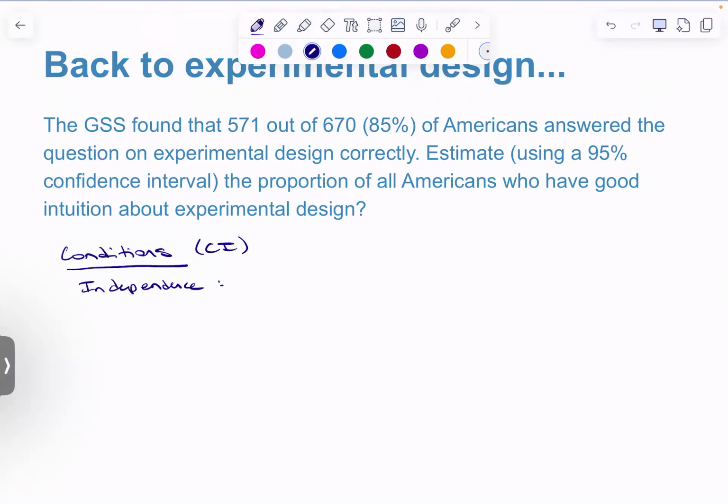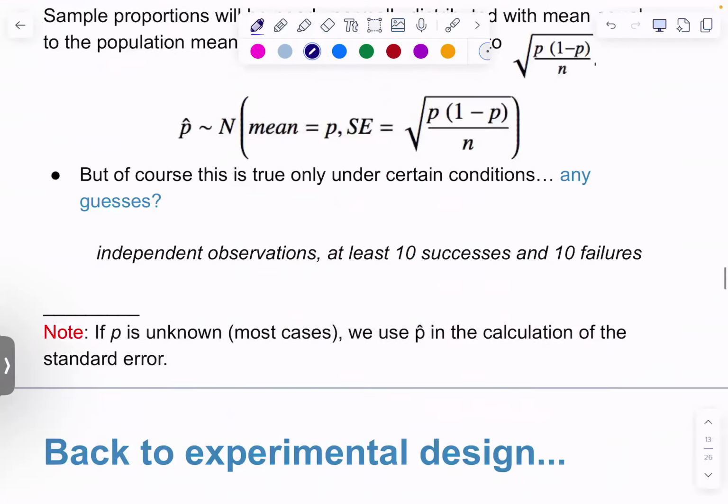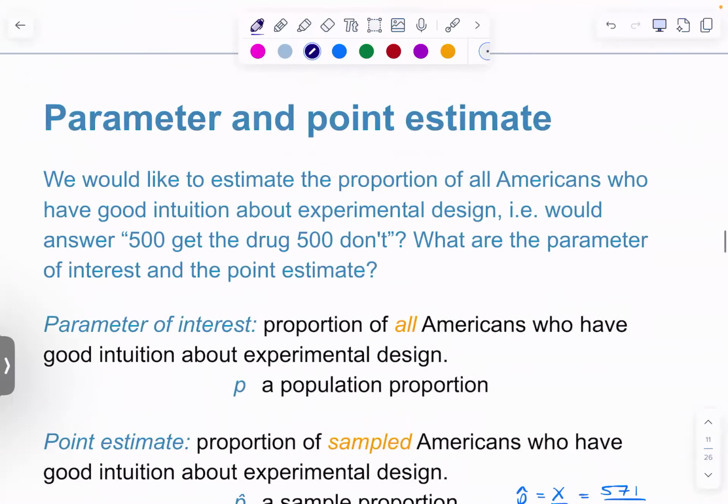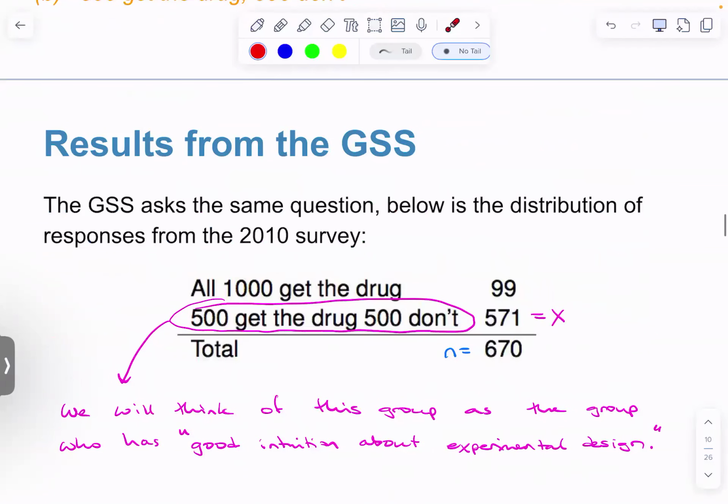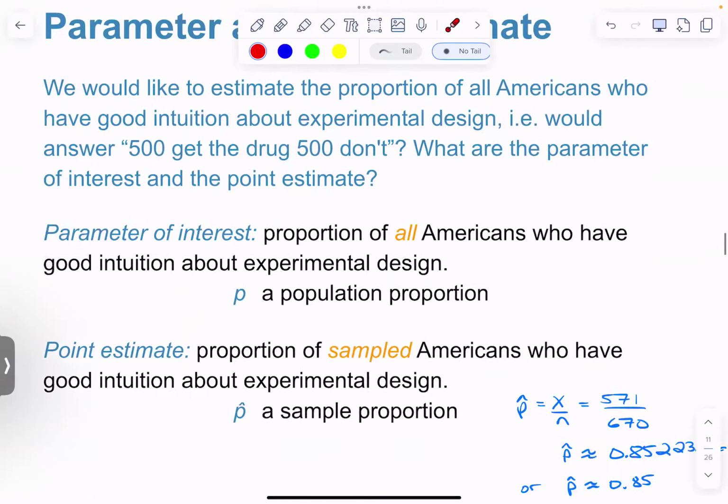I'm not sure it said they were randomly sampled. Let me confirm. But just like last time, it's reasonable to assume that they were randomly sampled or at least are independent of each other, because this is a big survey that they conduct and hopefully they're doing it properly. So we're assuming they did it properly.